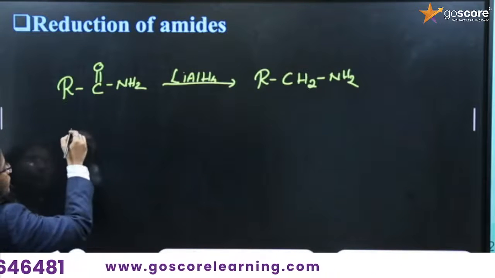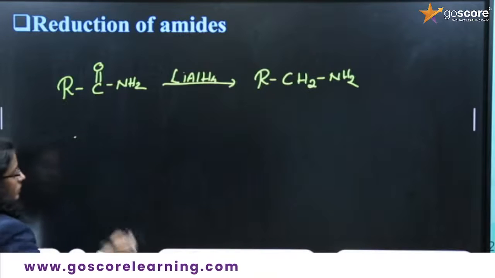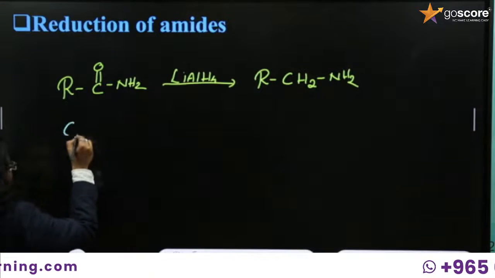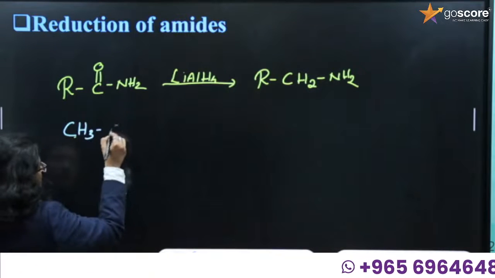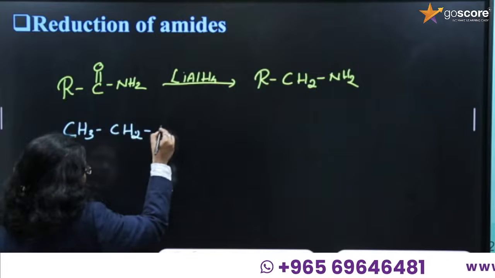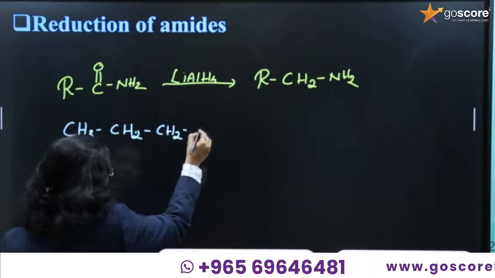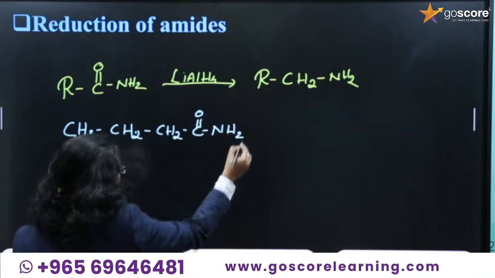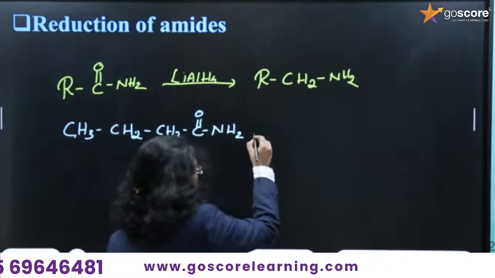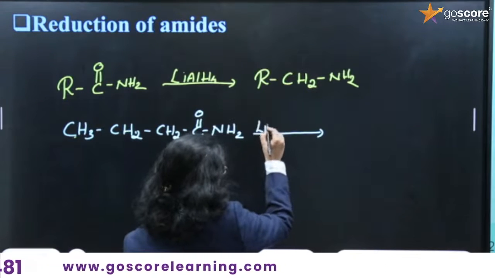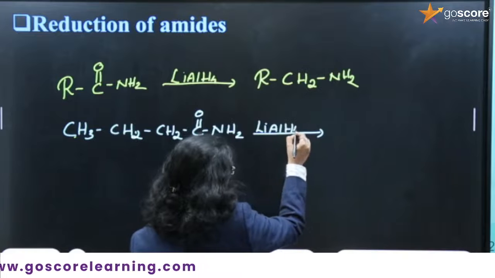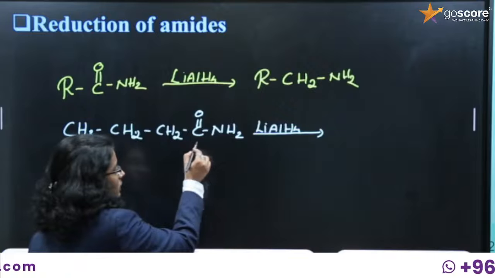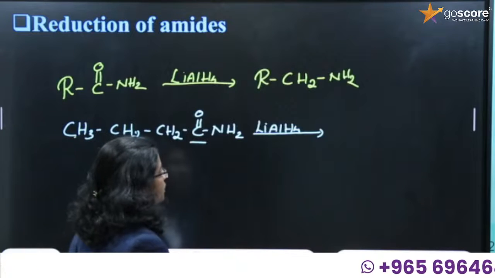Then tell me the product of propanamide. Propanamide: CH3, CH2, CH2, C double bond O, NH2. On reduction with lithium aluminium hydride, what will be the product? This group will be changed to a CH2 group.